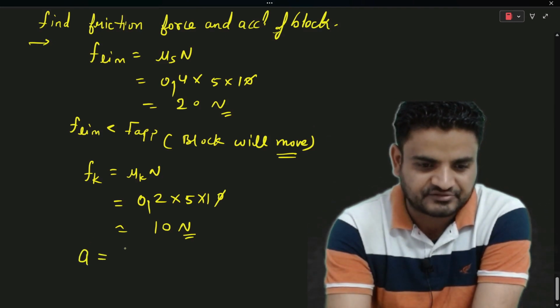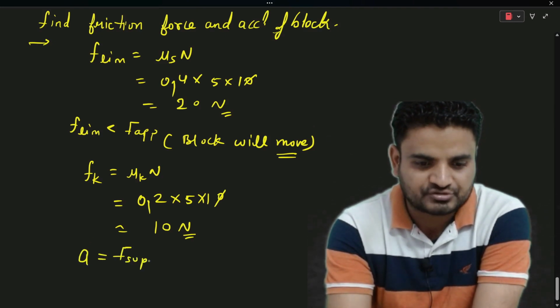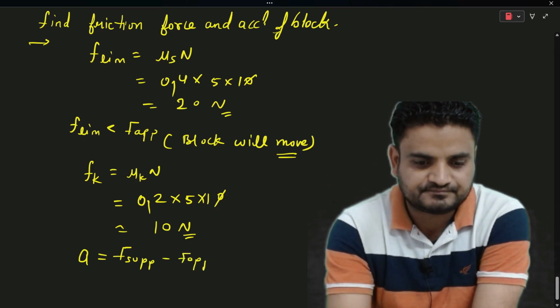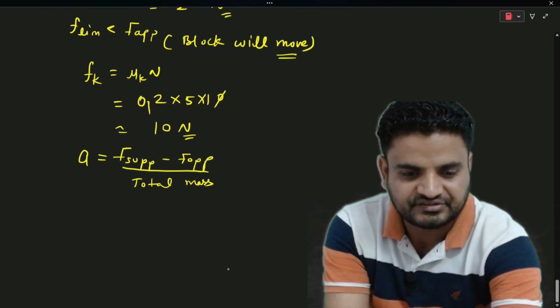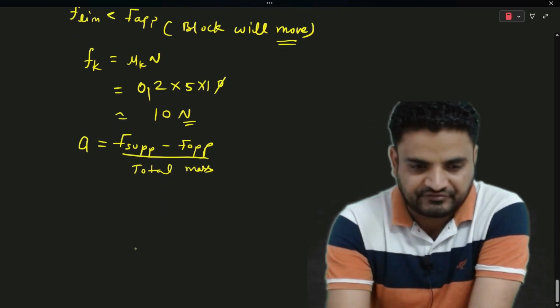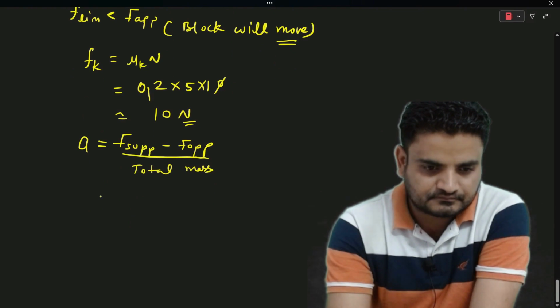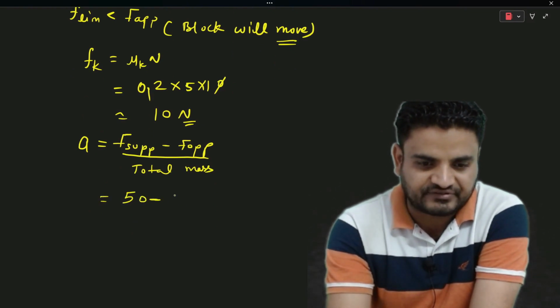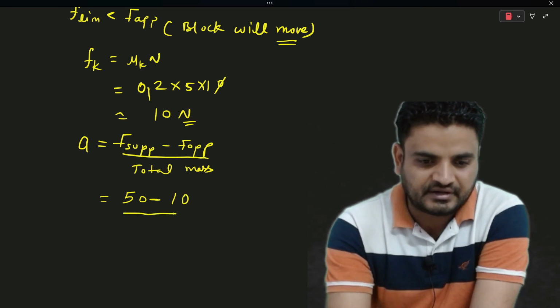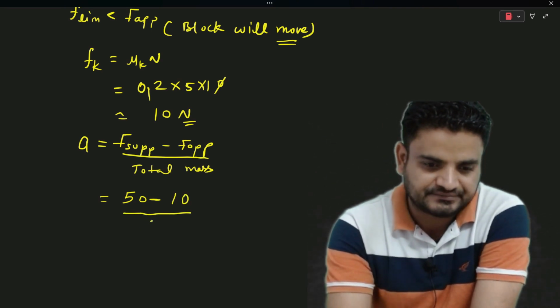So the acceleration formula is supporting force minus opposing force, divided by total mass. Clear? So what is the supporting force? 50 Newton. And the opposing force, that is the friction force, 10 Newton. And total mass is 5 kg.